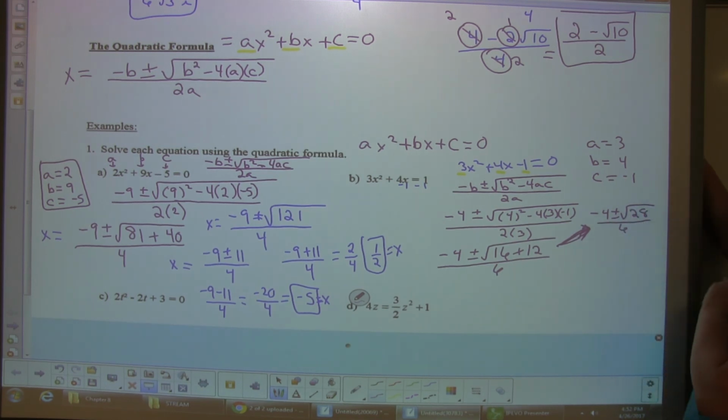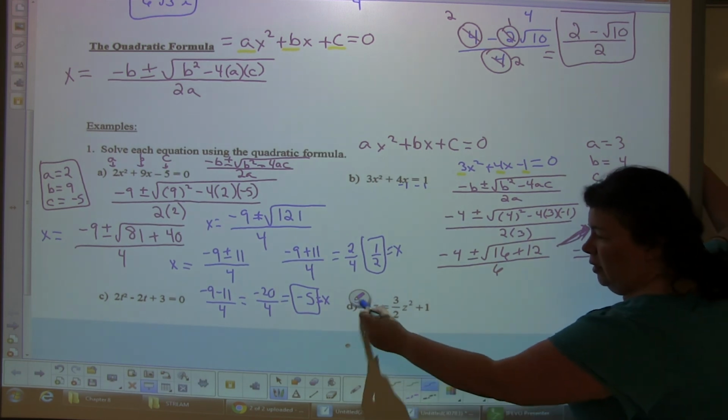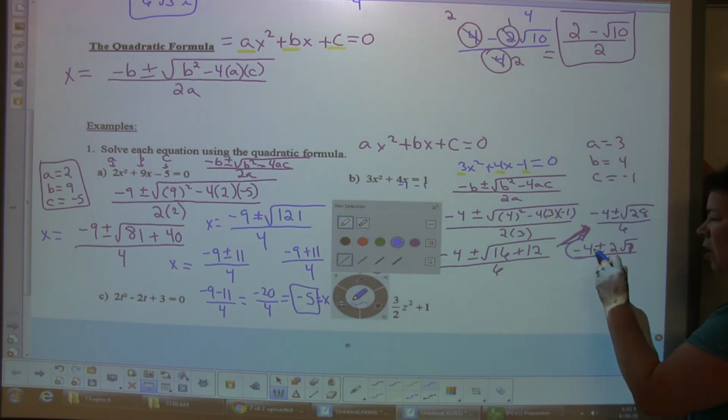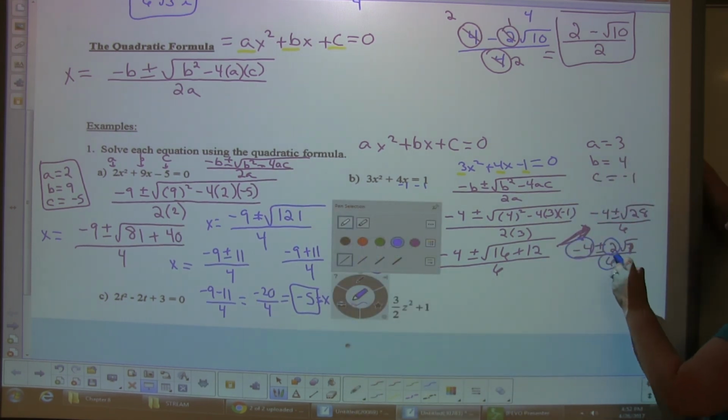I can simplify this radical. I have negative 4 plus and minus the square root of 28, which is square root of 4 times square root of 7, which is 2 root 7. So 2 root 7 all over 6. But, again, we're not done, because if you look, I can actually reduce all 3 of those outside terms by a factor of 2.